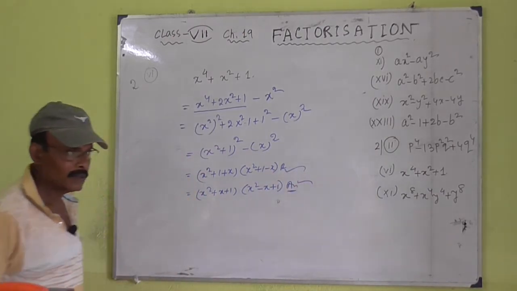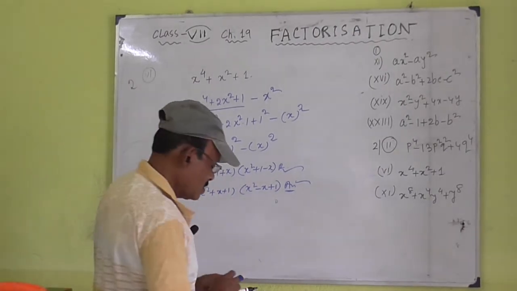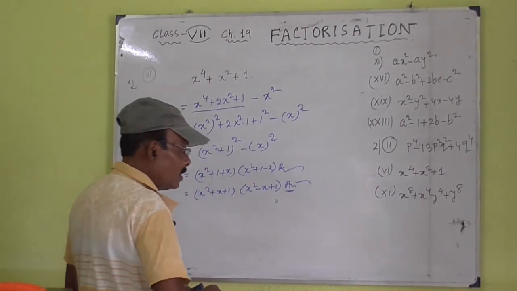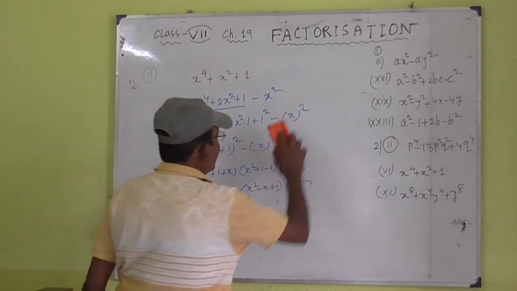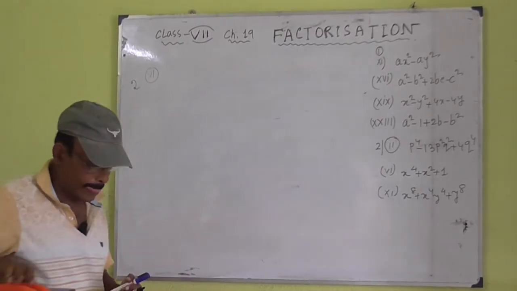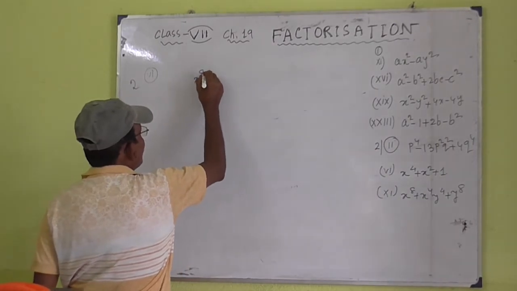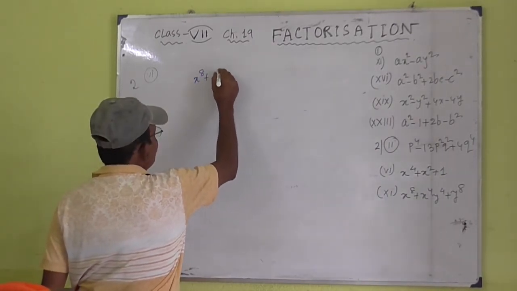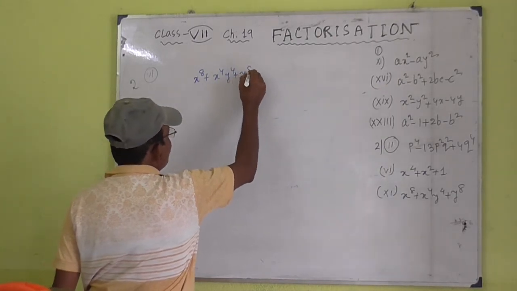Clear? This is the complete sum. Now, the next sum, x to the power 8 plus x to the power 4 y to the power 4 plus y to the power 8.